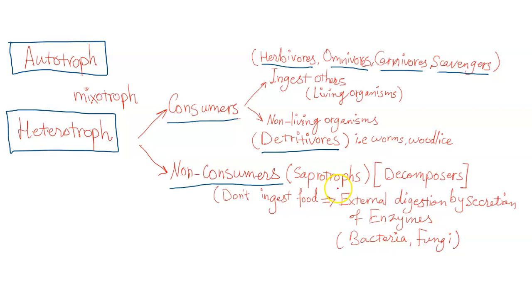Non-consumers are called saprotrophs, and in ecology they are also considered decomposers, because they are not ingesting, but they do their digestion by secretion of enzymes. Bacteria and fungi are located in this category.